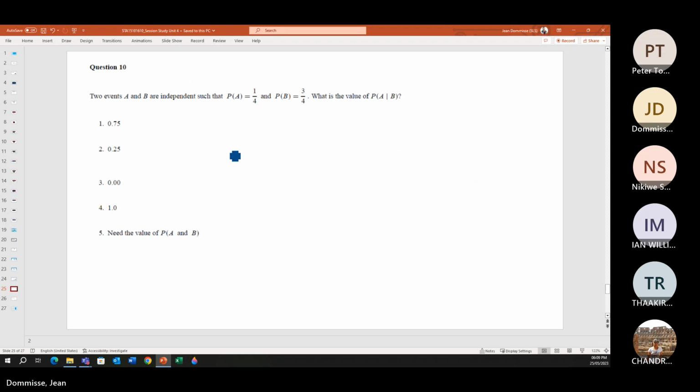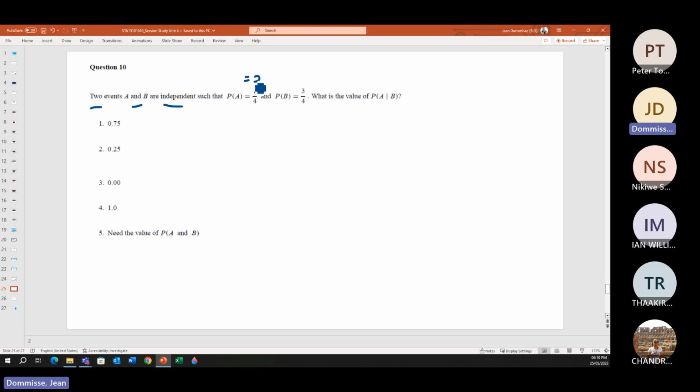Okay, what they can also do is to tell you, I've got two events, A and B, that are independent. And then they give it to you in a fraction. And please, when you get it in this format, automatically put it into a decimal.